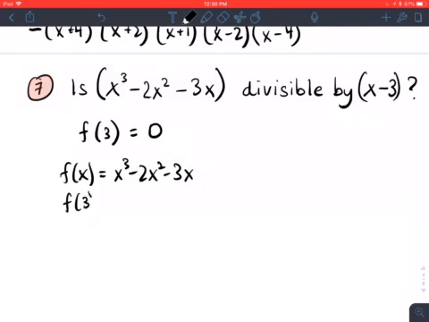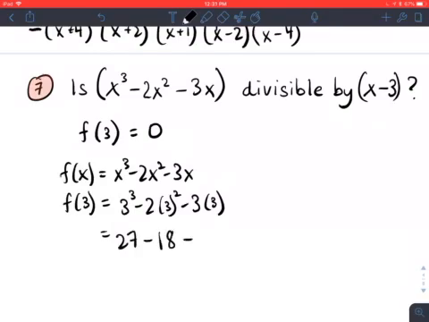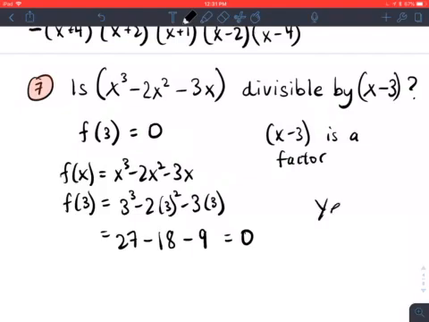If we compute f of 3, this equals 3 cubed minus 2 times 3 squared minus 3 times 3. This equals 27 minus 2 times 9, which is 18, minus 3 times 3, which is 9, which equals 0. Therefore, we know that x minus 3 is a factor of the polynomial, which means that the original polynomial is divisible by x minus 3.